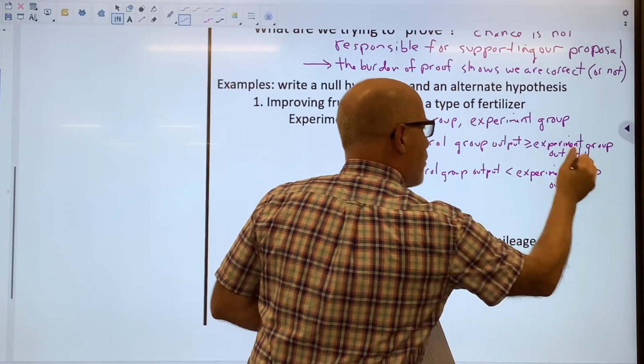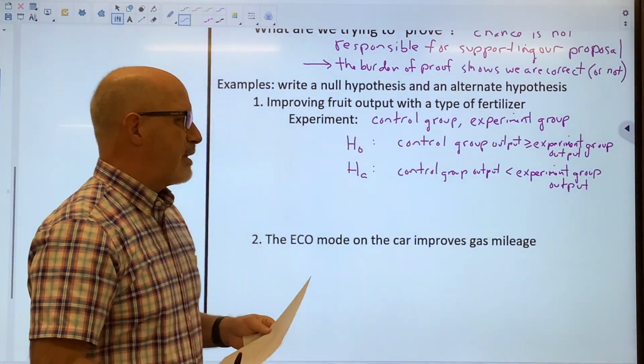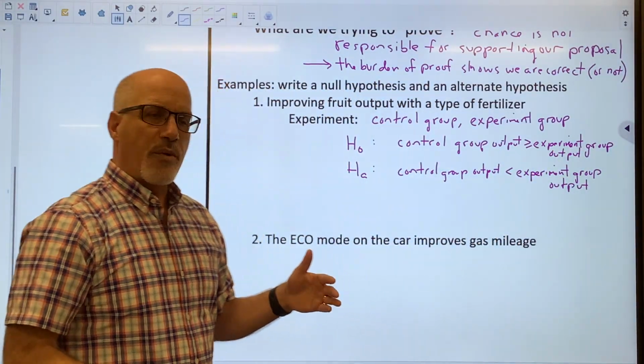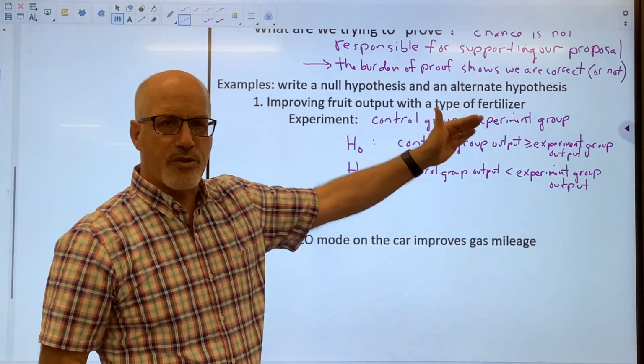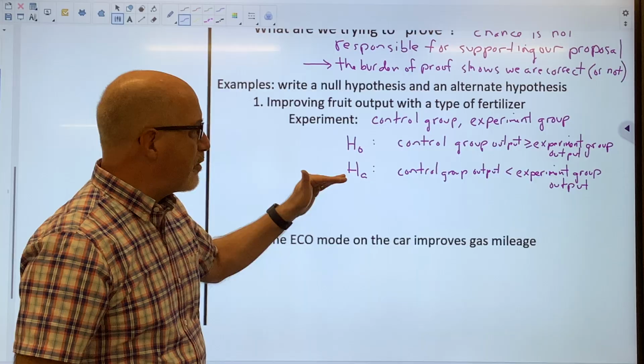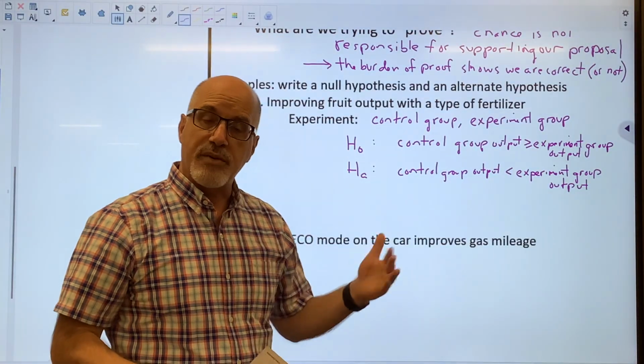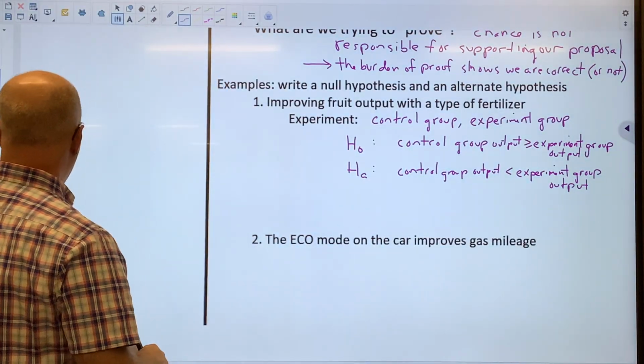So we would get more fruit from the experiment group in the alternative. Remember, the burden of proof is we assume that it's not true, and then we have to show that it is, if we have enough data to show that.